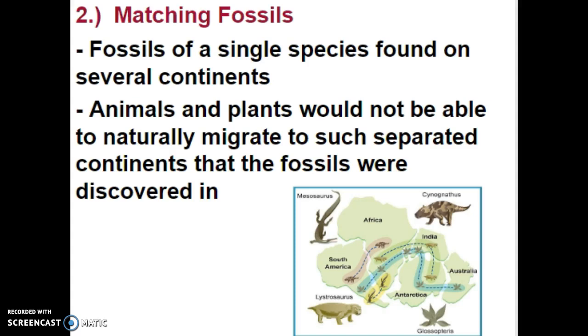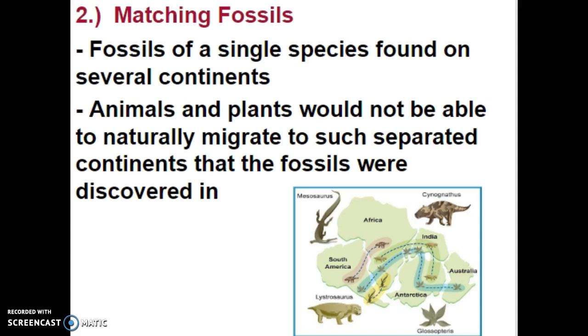Glossopteris was a fern type of plant that, as far as we know from fossil evidence, had seeds that would not have been able to blow cross-continent where the continents are in place today. The Lystrosaurus and Cynognathus were very large reptiles that did not swim.